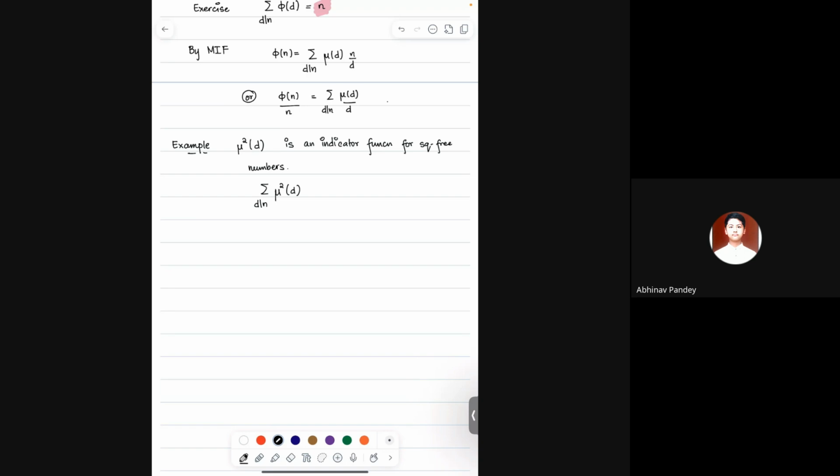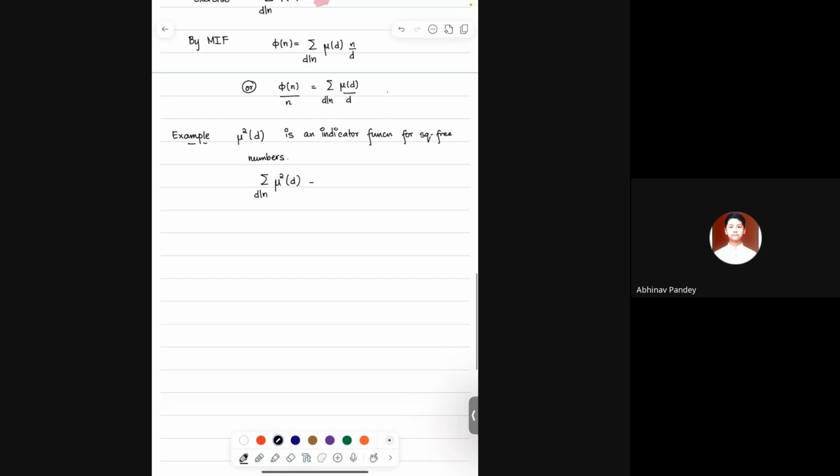You only have to look at whether a prime shows up or doesn't show up in the factors. And if you're summing over all of them, this is just 2 to the power of omega n, where I'll tell you what omega n is. Yes, absolutely. It is 2 to the power of omega n.